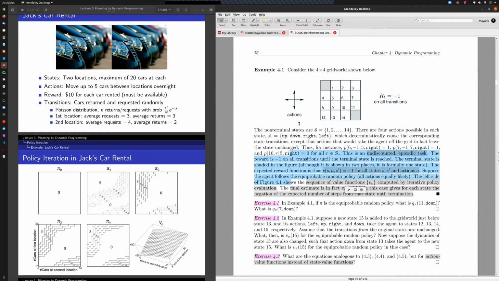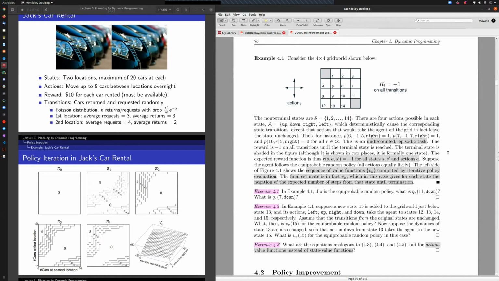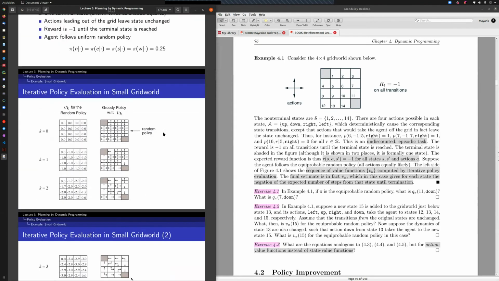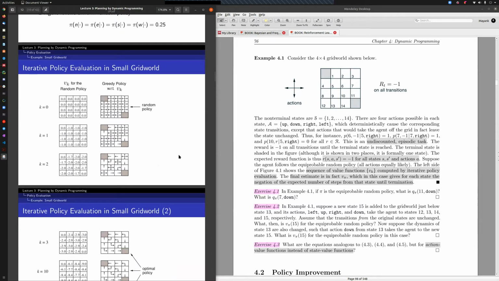Because we looked at this last time too, with respect to the baby robot example and the other examples, of how those transitions, those value functions, and how the random policy and the greedy policy were being evaluated.